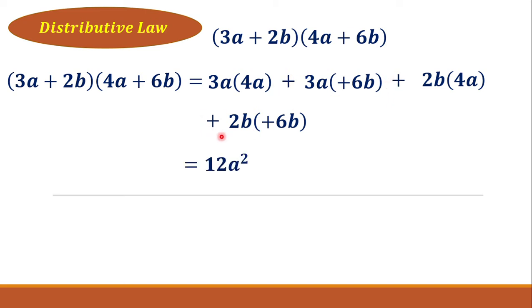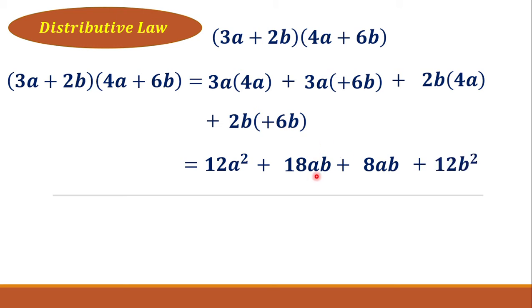Okay. So, next. 3 multiplied by 4 is 12A squared. And then, plus 18AB. Plus 2 times 4, that is 8AB. And then, plus 2 times 6 is 12B squared.